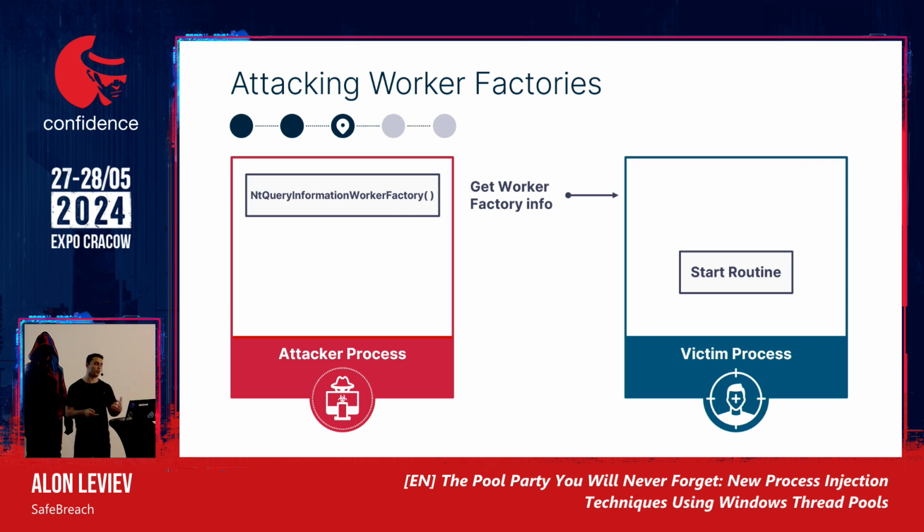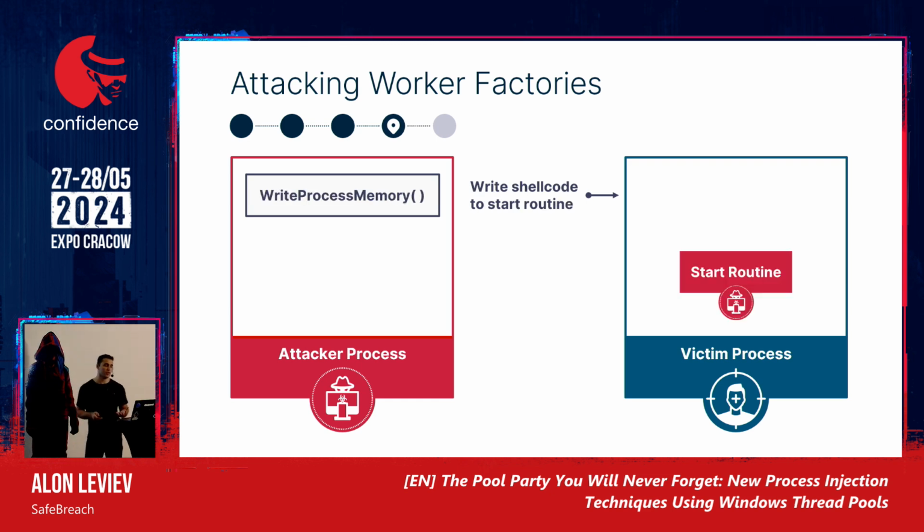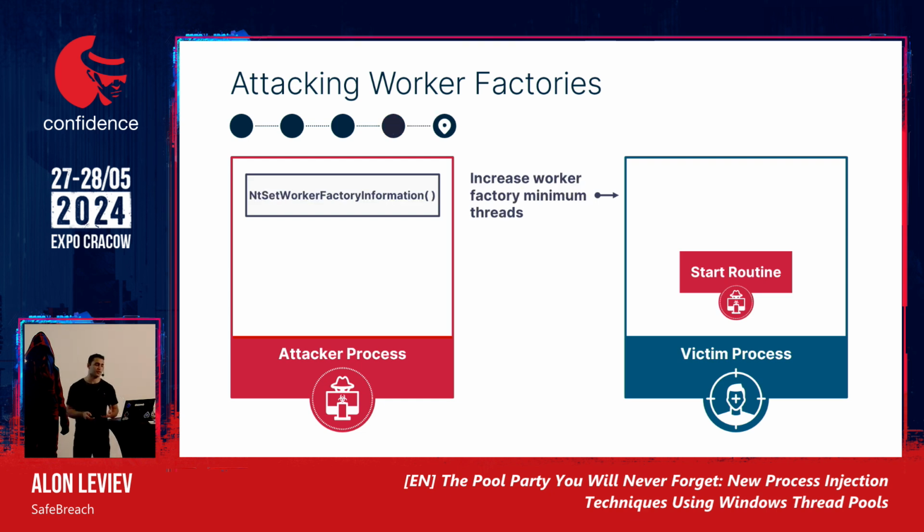And given access to the worker factory of the target process, we query basic information from it in order to obtain the start routine value. So this step essentially gets us the address of the start routine that you can see on the victim process. Using the information obtained, we write shellcode to the start routine of the worker factory. And lastly, we set the minimum worker threads number to trigger the malformed start routine.